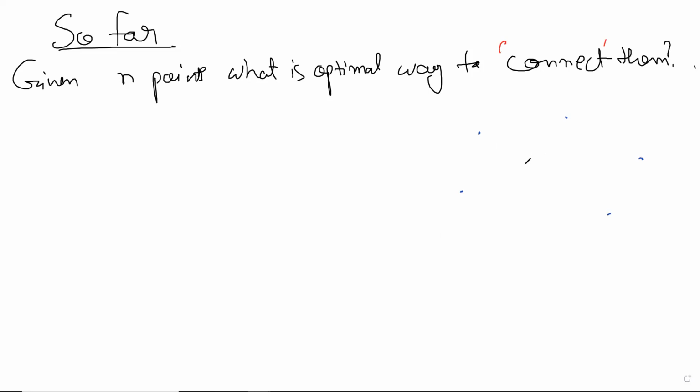We mean that we need to be able to draw enough edges, or join enough of the points by lines, such that I can reach from any point to the other. For example, this is certainly enough. So this is what I mean when I say connect endpoints.